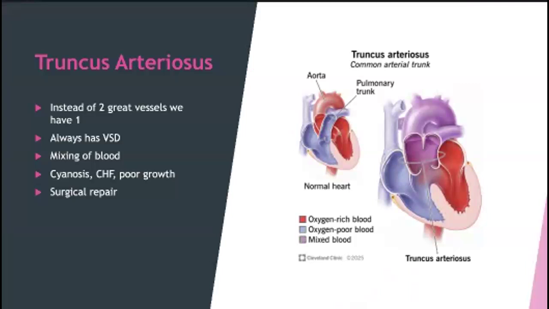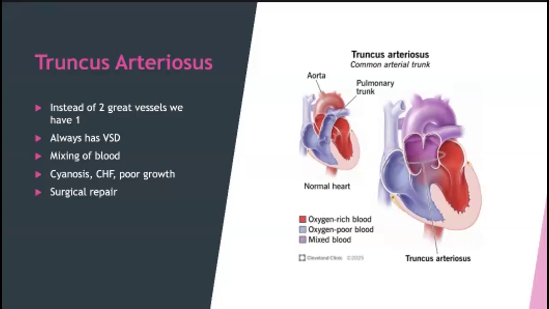So we're going to start with our truncus arteriosus. Truncus arteriosus, instead of having two great vessels leaving, so an aorta and the pulmonary artery, it just goes into one. So one large vessel instead of a separate pulmonary artery and aorta. It's always associated with a VSD, and blood from both ventricles mixes in that common vessel and then enters the systemic, pulmonary, and coronary circulation.